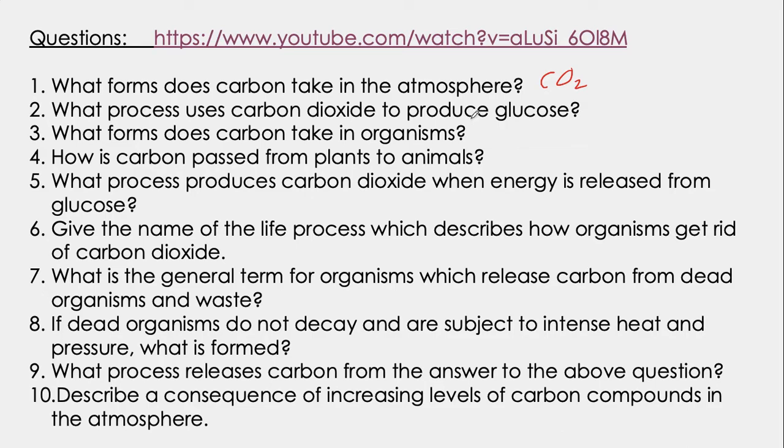What process uses carbon dioxide to produce glucose? It's something that plants do. What do plants do? They take in carbon dioxide and they use it to make glucose, and then we eat the plants. What form does carbon take in organisms?